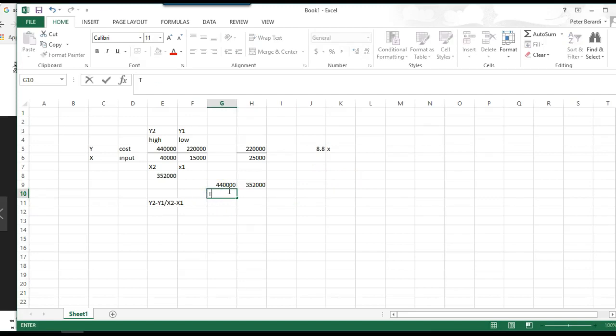Total cost minus variable cost must equal our fixed cost. So 440,000 represents total cost, and 352,000 represents the variable part of our cost equation. The difference between total cost and the variable equals fixed, because fixed plus variable cost equals total cost.